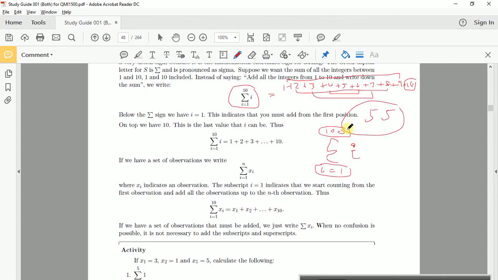Shift stats. Then I want the sum, 4. I want the sum of x, or sum of x squared. I want the sum of x, so I want 2. 55. But what if you have 1 to 100?